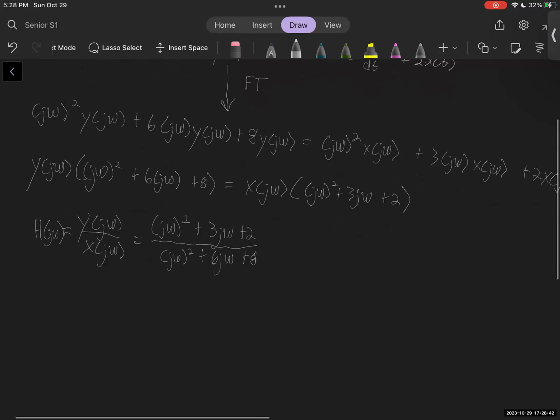Now, we're going to do partial fraction decomposition. So we need to factor our denominator. So we're going to leave our numerator the same.